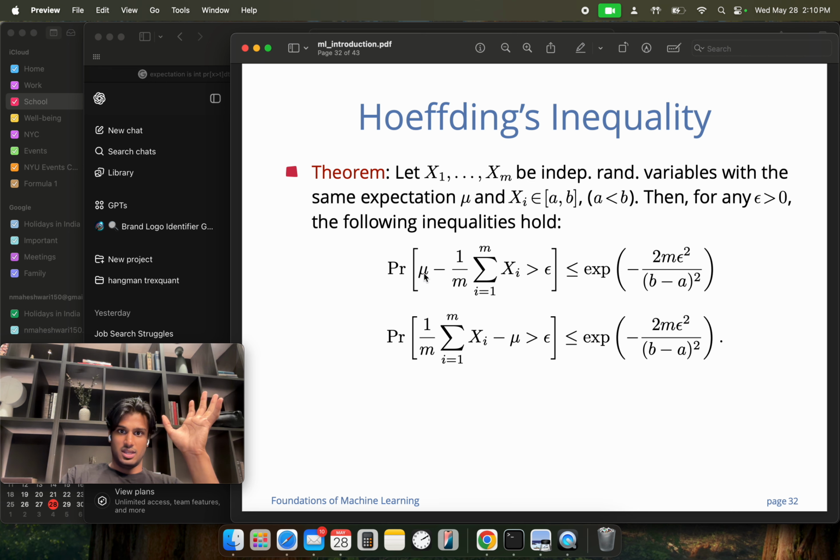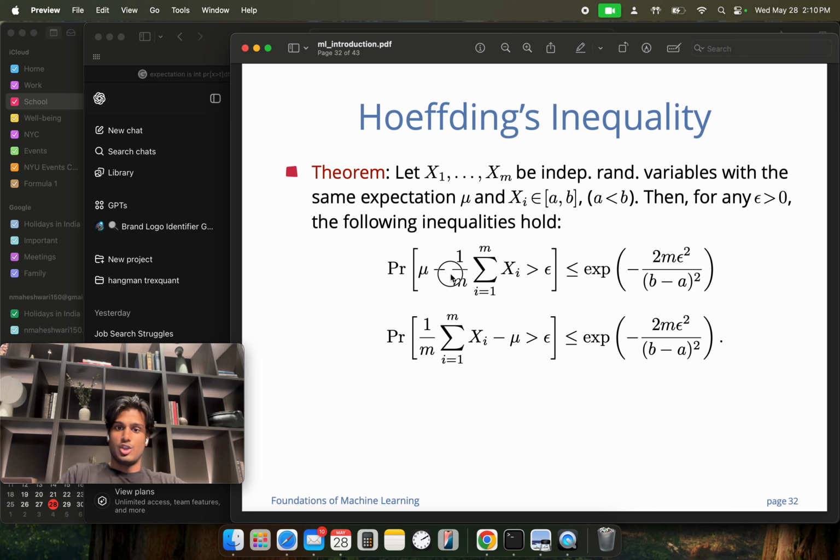Mu is the real mean, and 1 over m times the sum of these is the empirical mean. What they're trying to say is that the probability that the empirical mean deviates from the real mean by more than epsilon can only be less than exponential of minus 2m epsilon squared over (b minus a) whole squared.